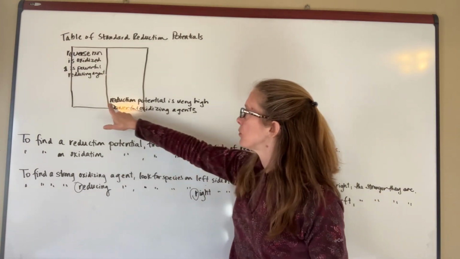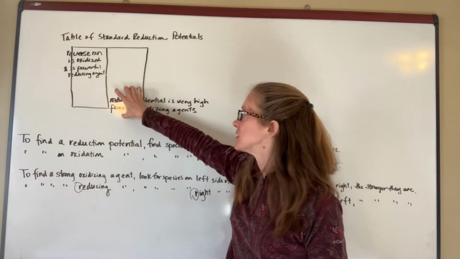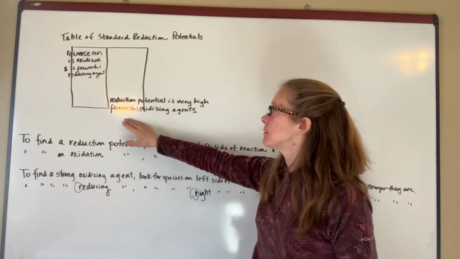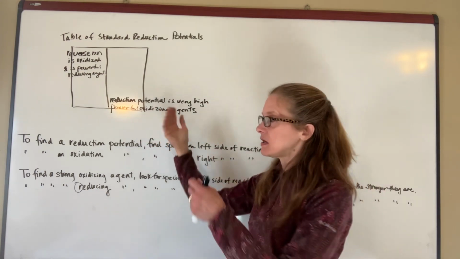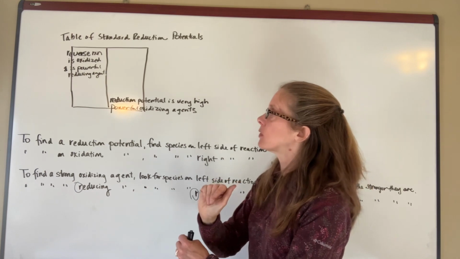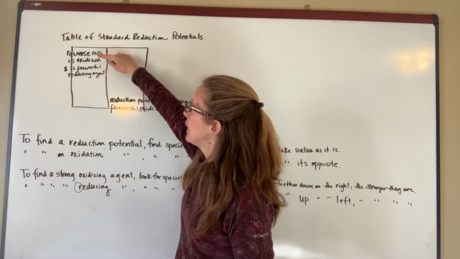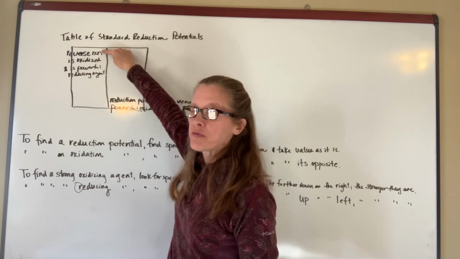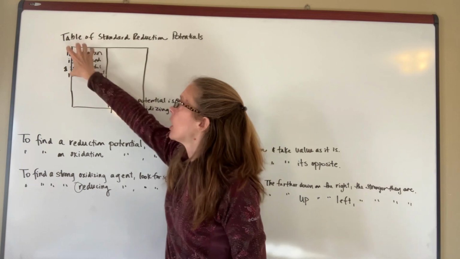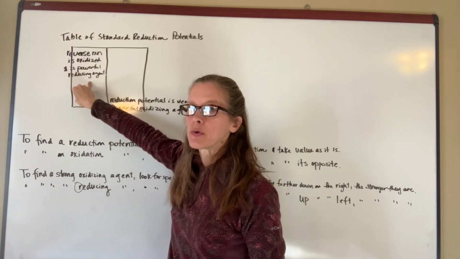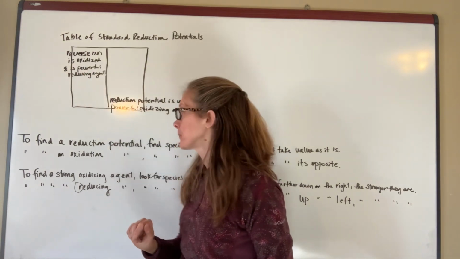So because the reduction potential on the bottom right-hand side of these things is very, very high, that's going to make them very powerful oxidizing agents. On the other hand, if I flip my reaction backwards, because the reverse reaction is oxidized, when I flip these numbers backwards, they're going to become positive, and that means everything in the upper left is going to be a very powerful reducing agent once the reaction is flipped around.